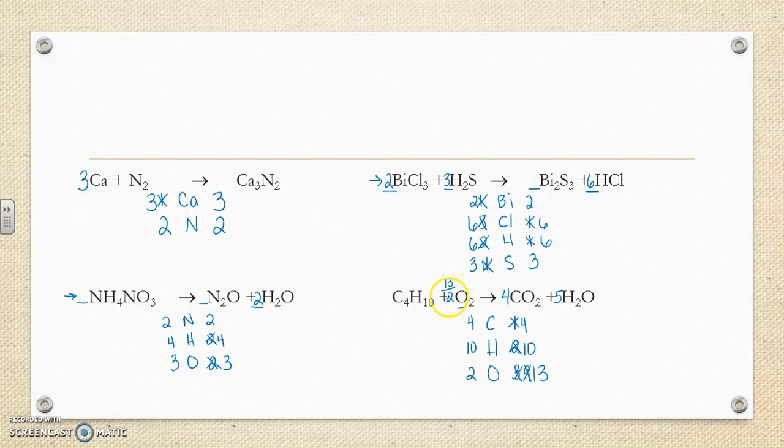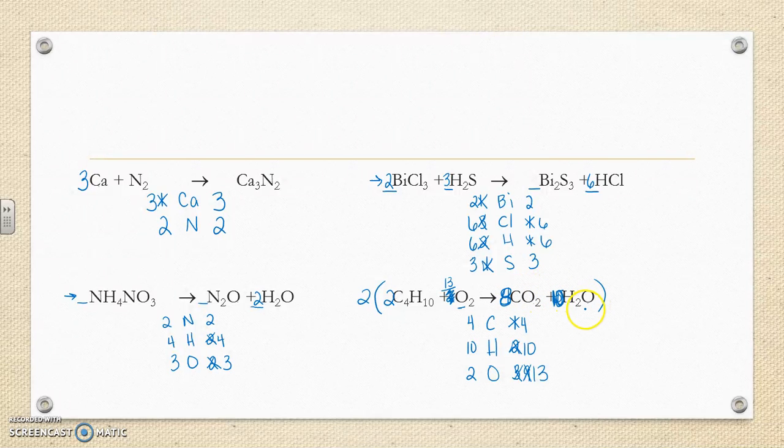Now the problem is you can't have a fraction as a subscript or as a coefficient, so you have to multiply this whole thing by 2. Why 2? Because we want that denominator to go away. So this becomes 2, this becomes 13, this becomes 8, and this becomes 10.